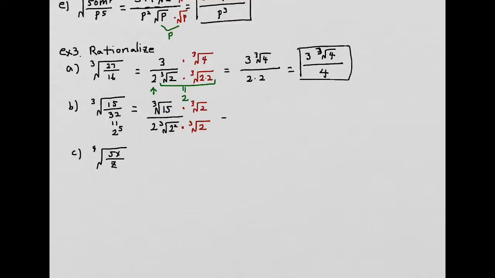And then what do you get? So cube root of 15 times cube root of 2 is cube root of 30. And this multiplication, radical multiplication, gives you cube root of 2 cubed, which is going to be 2. And you had a 2 before, 2 times this 2 will be 4 in the denominator.